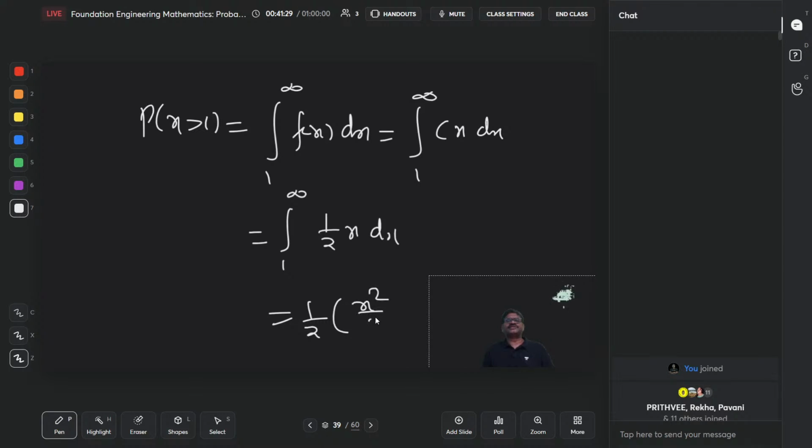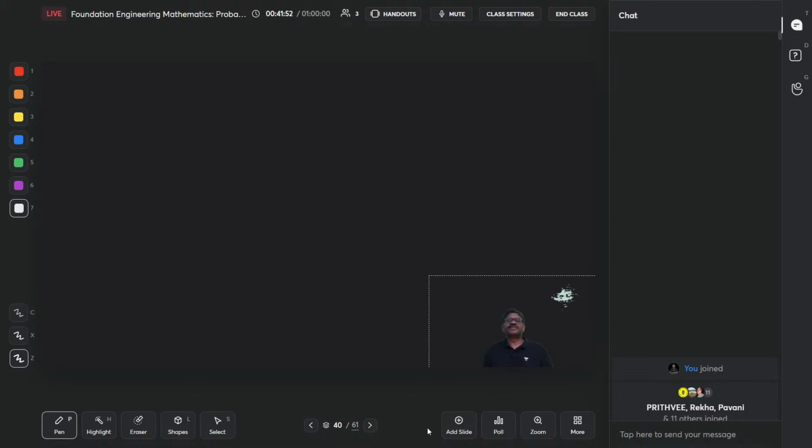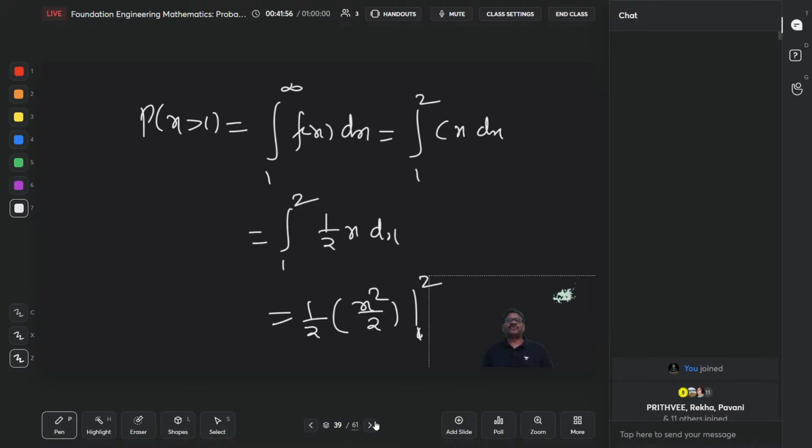Integral x dx is x square by 2 from 1 to infinite, not infinite, 1 to 2, because the upper limit is 2. That is 1 by 4 of 2 square, which is 4, minus 0.